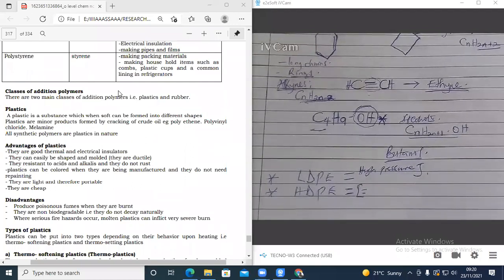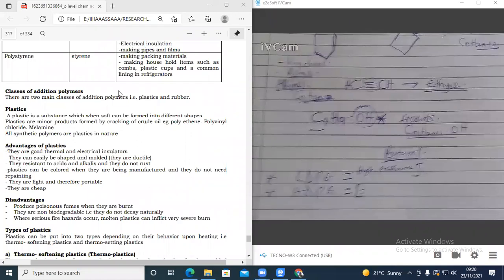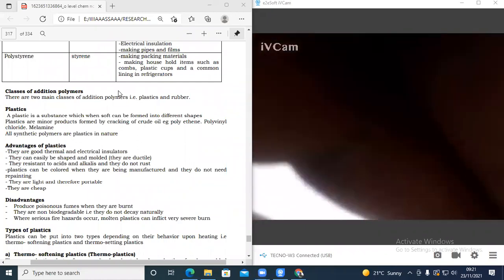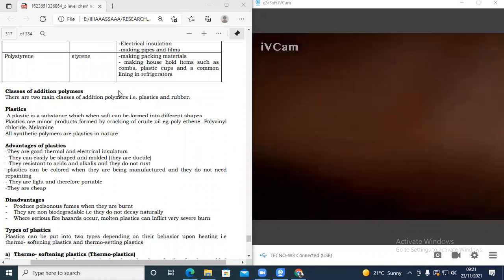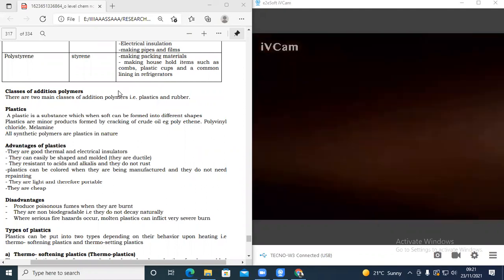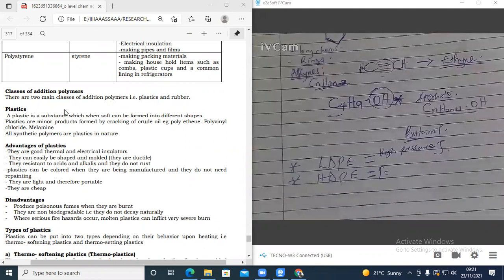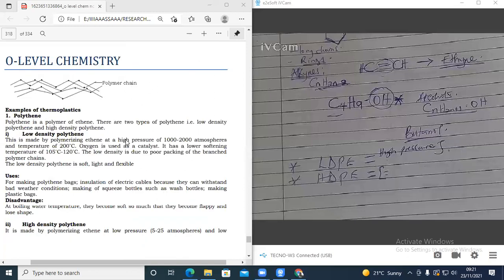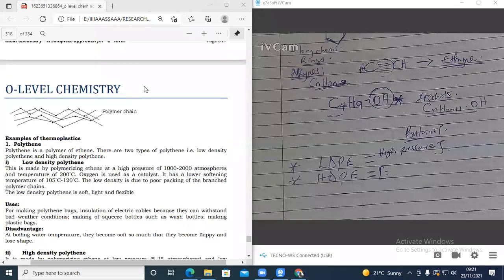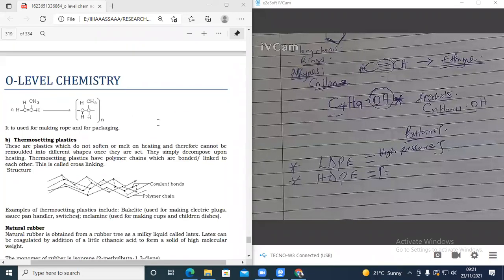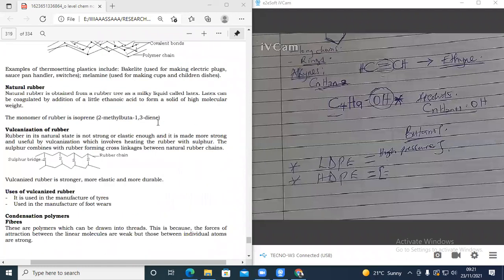So that is the title of the book. It is O level chemistry. So that is what we shall be using.